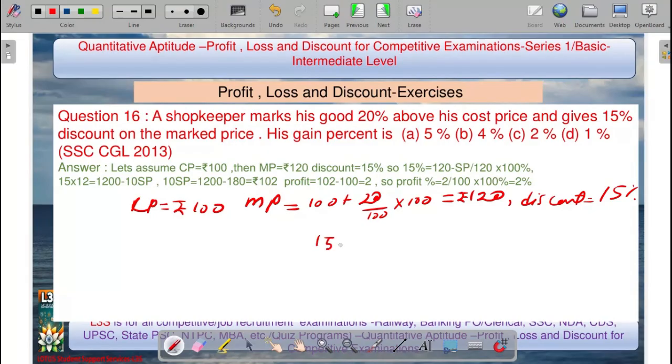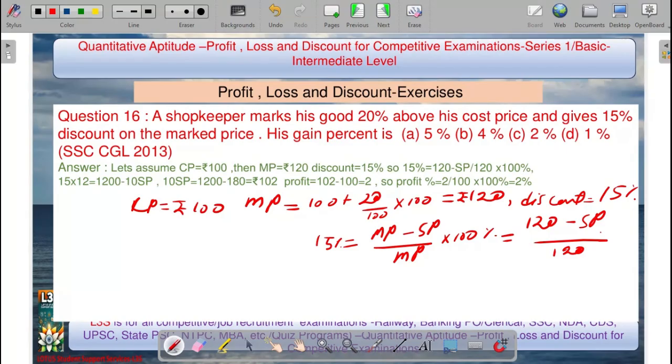So 15 is equal to MP minus sale price by MP into 100%. So we know 120 minus SP by 120 into 100% is equal to 15%.